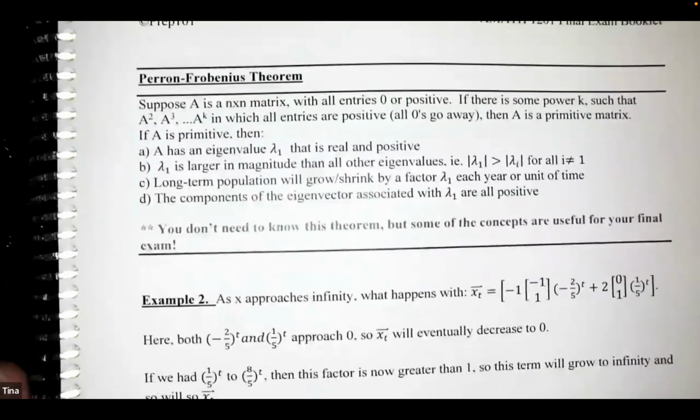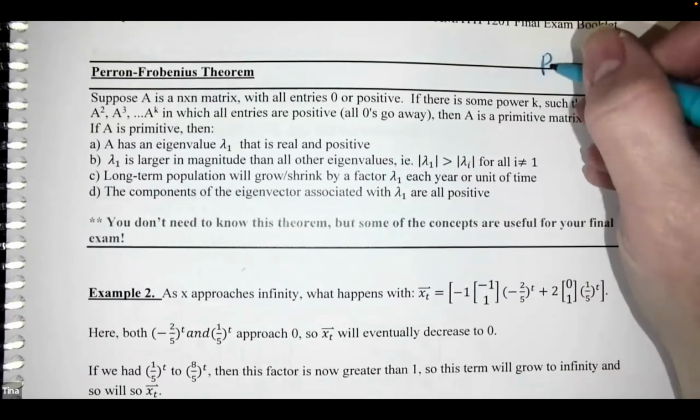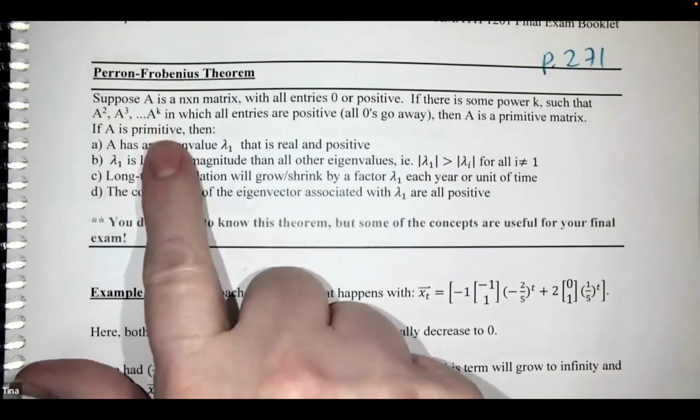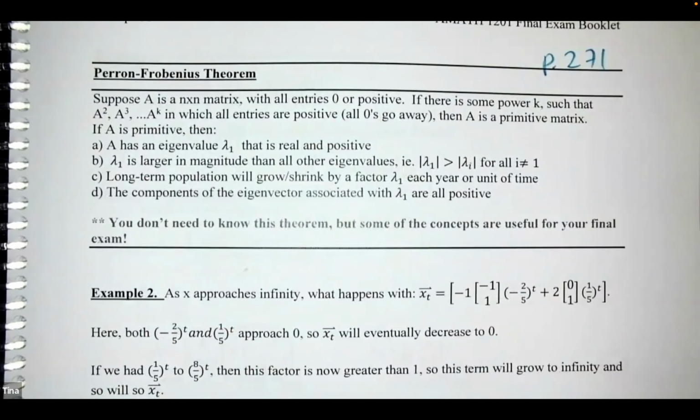So this theorem is totally not required. It's on the top of page 271. They really just touched on the word primitive matrix, but they didn't really talk about it, which is fine. But basically, if you have a matrix A that has all entries that are 0 or positive, and you keep doing A squared, A cubed, and all the zeros go away, it's primitive.